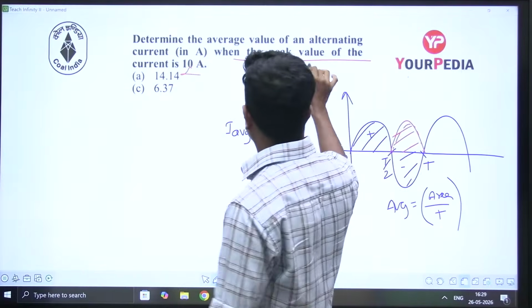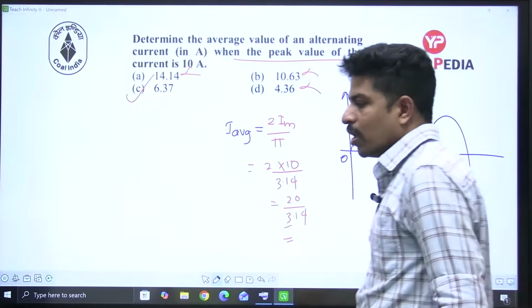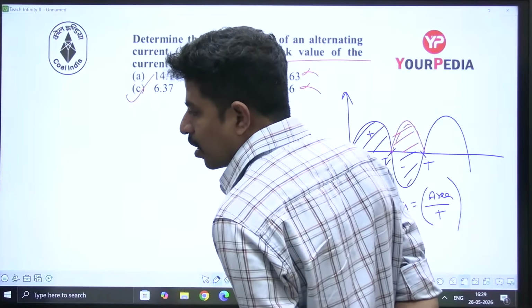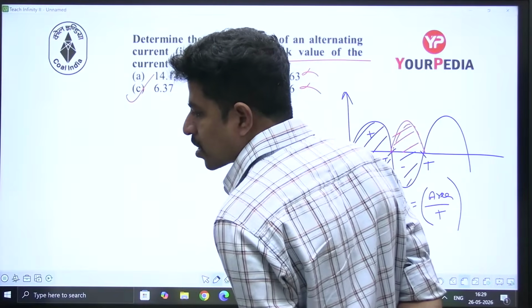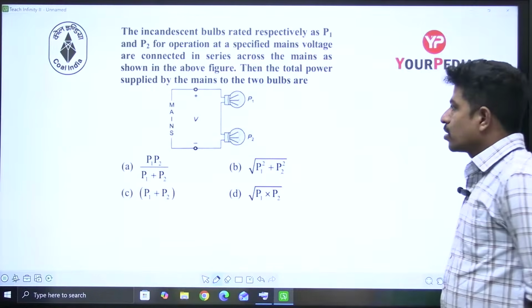It is not 14, not 10. The option is 6.37, option C. Good, good. S21, Jalebi, and Mr. Mandal, three people gave the answer. Let's go to the next question.